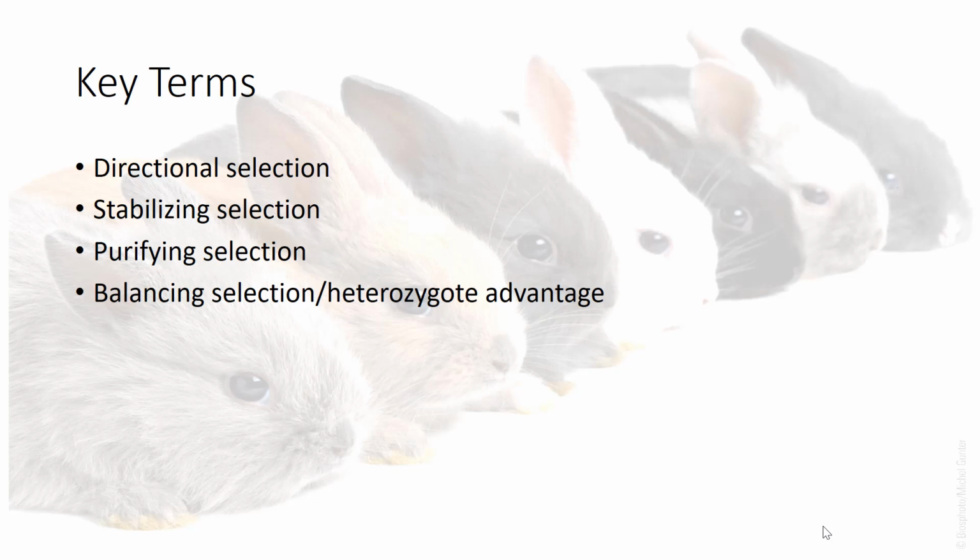contracting malaria, and some of the numbers that you find are that about 50% of mild malaria cases are going to be avoided in people with sickle cell trait, that is one mutant allele.